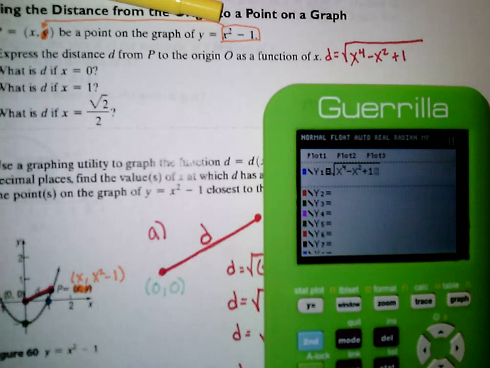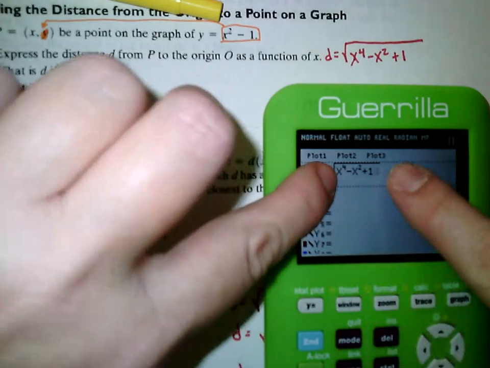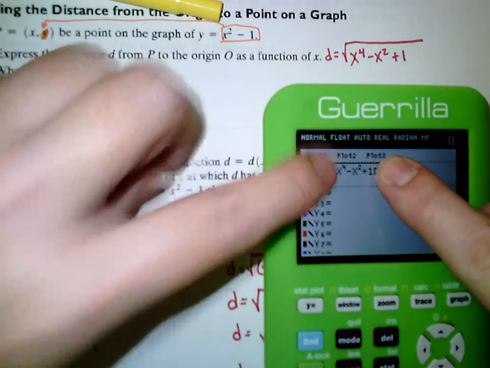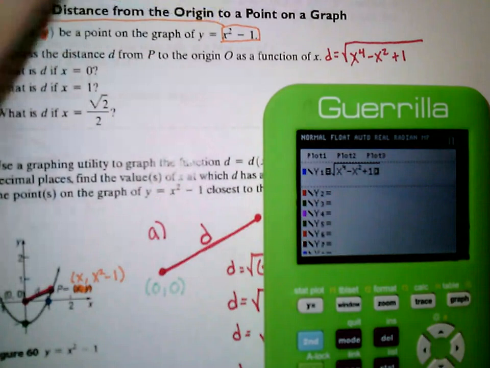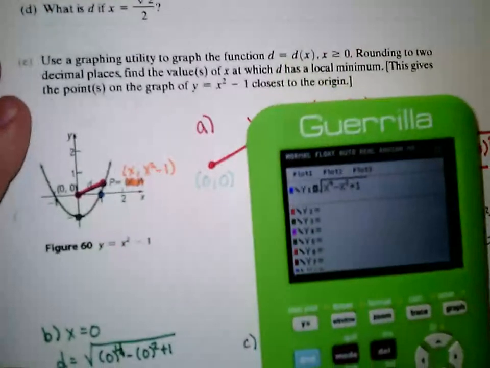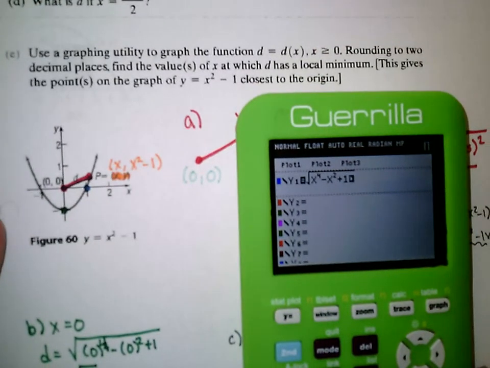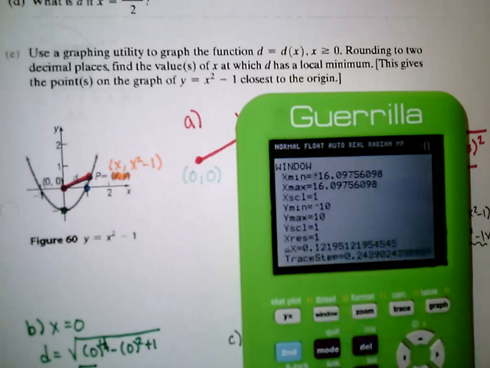If your calculator doesn't have the same operating system mine does, make sure that you get everything that's inside that radical inside a set of parentheses. If it does it like this, then you don't need the parentheses. Okay. And they want x to be greater than or equal to 0. So we can start at 0.